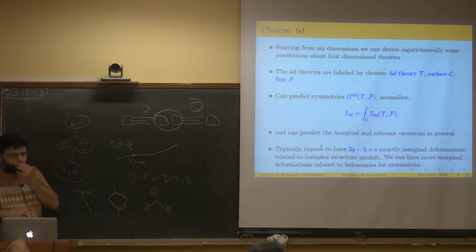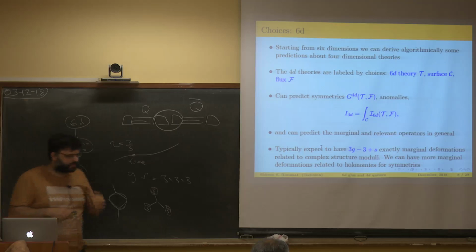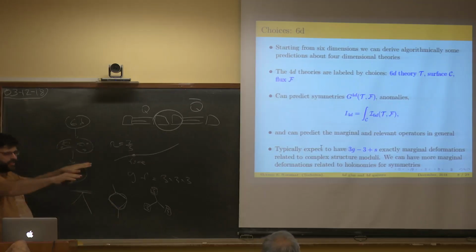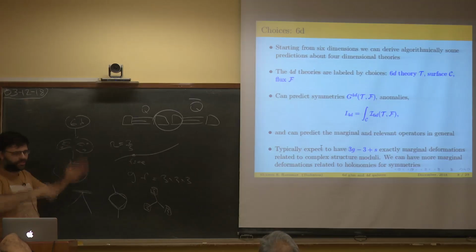No. Yes. Sorry to be so remedial, but the flux here corresponds to a flux on the M5? On the Riemann surface. So we have a 6D theory, wherever it comes from, M5 branes, F theory construction, whatever you want, you have some 6D theory. And then it has some global symmetry.